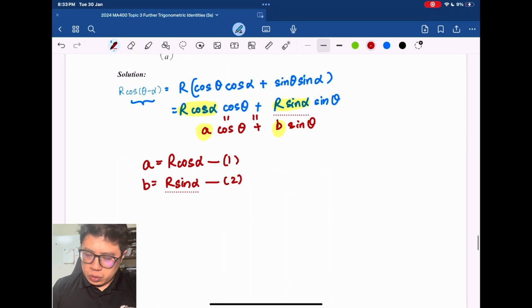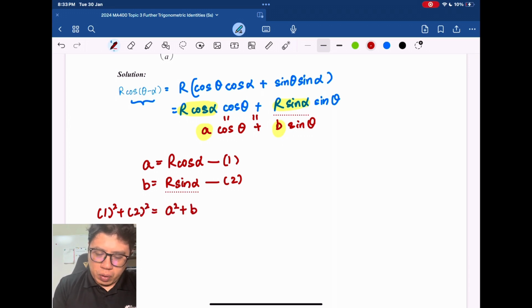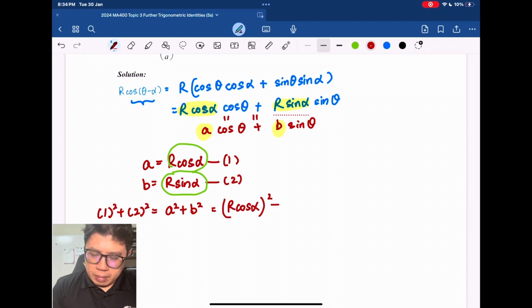Then if we square equation 1 and equation 2 and add them together, this gives us a squared plus b squared, which is the same as r cos alpha squared plus r sin alpha squared.